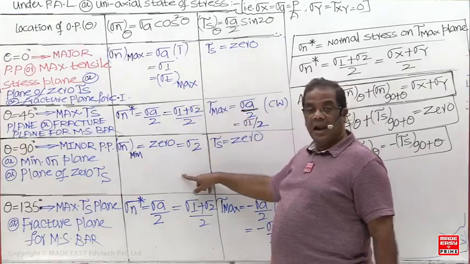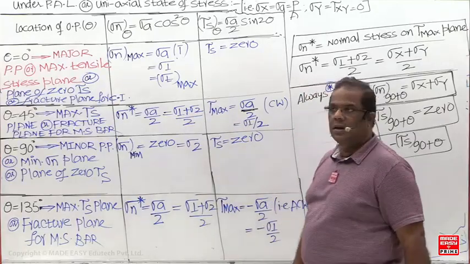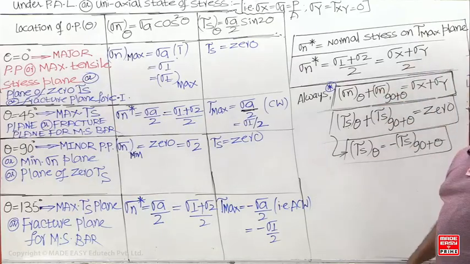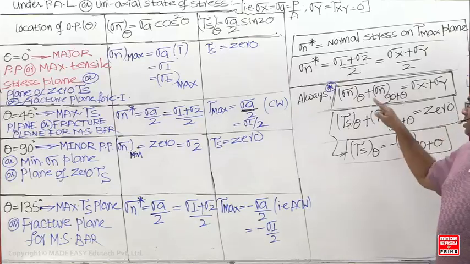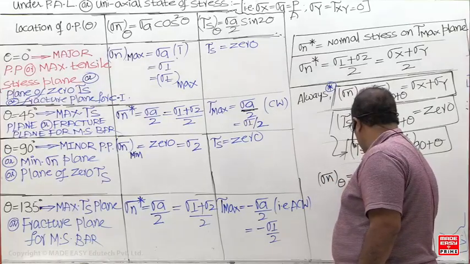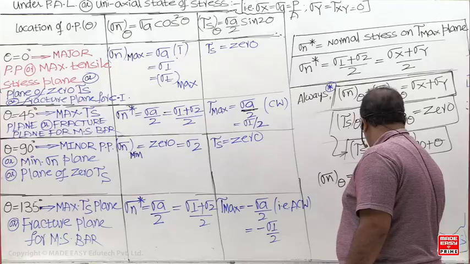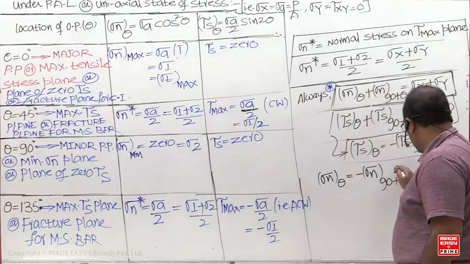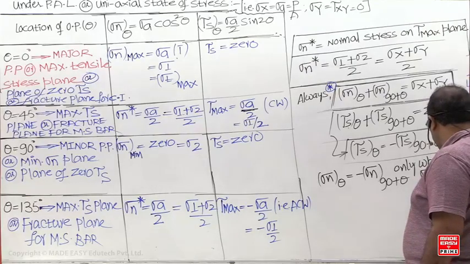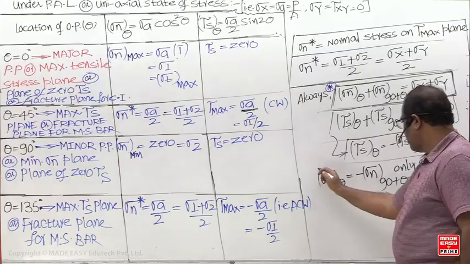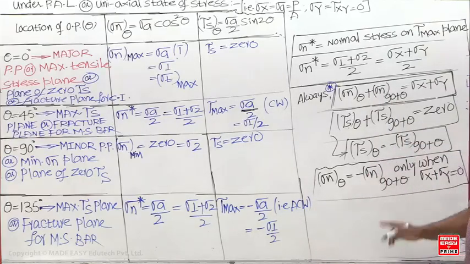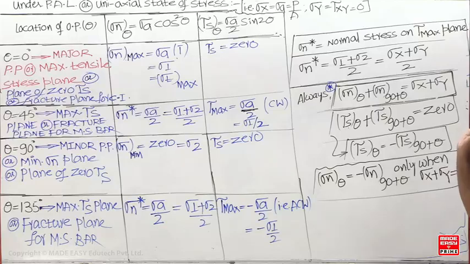But these two are going to be equal and unlike in nature only when sigma x plus sigma y is 0. So normals on two perpendicular planes are equal and unlike only when sigma x plus sigma y is 0.